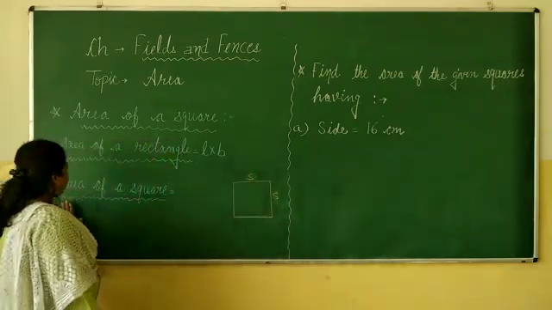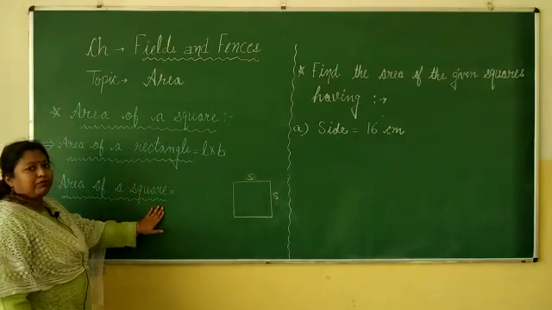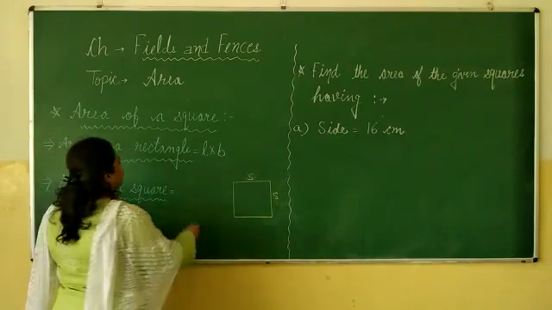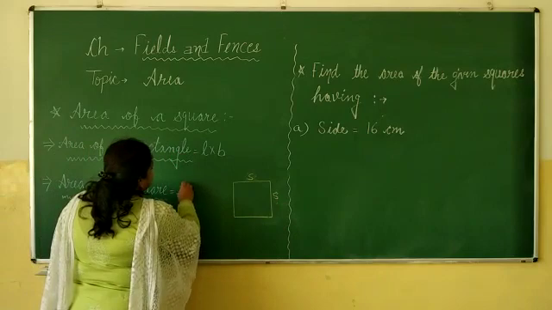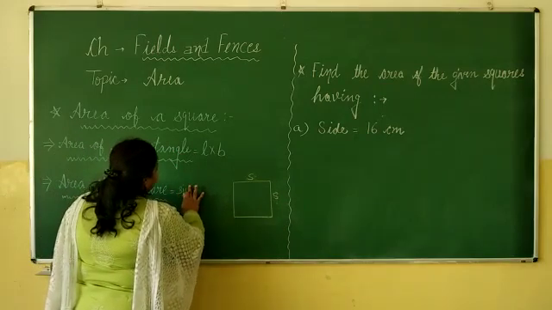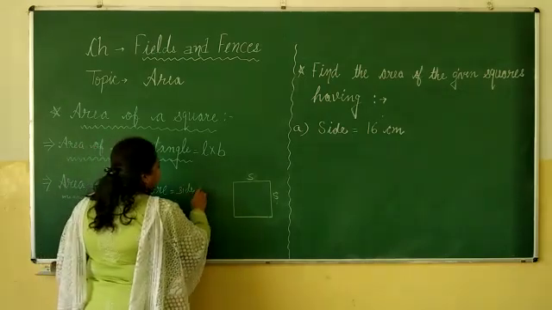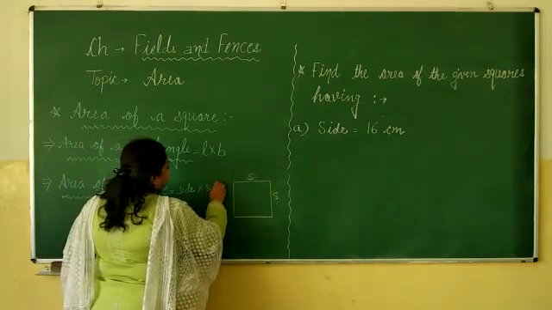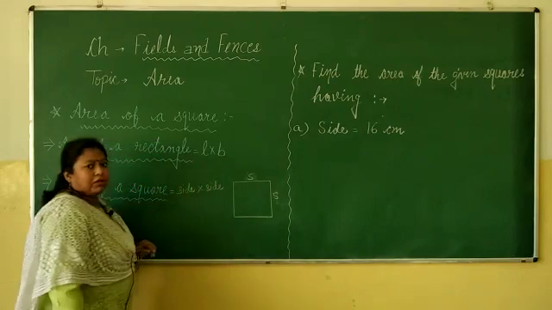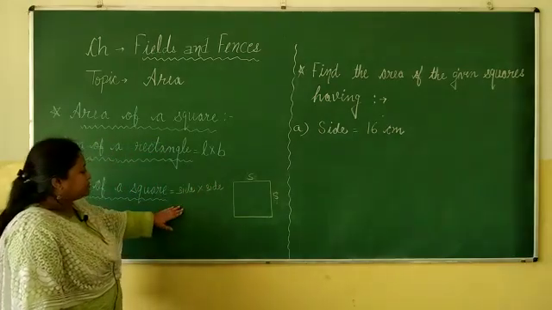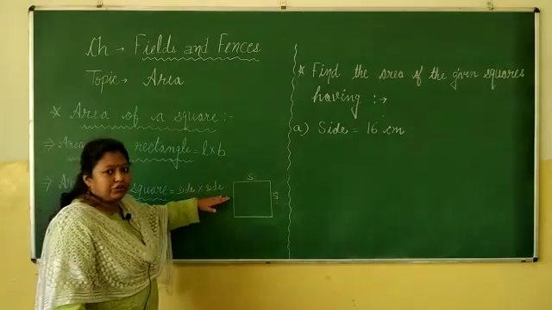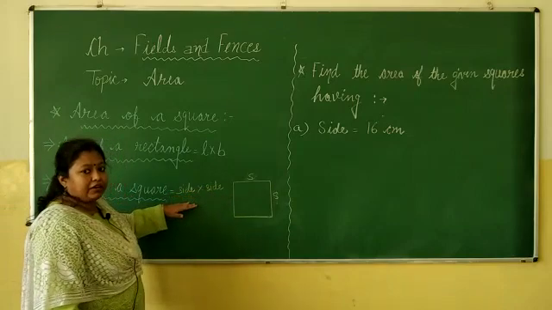So if I write the formula for area of a square, I will write side in place of length and also side in place of breadth. So that means S into S, side into side.